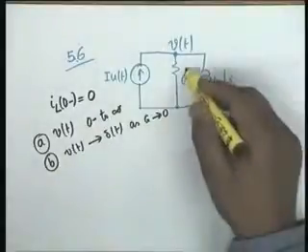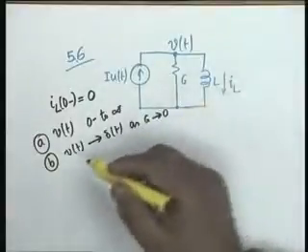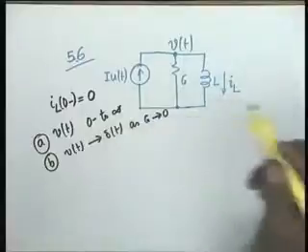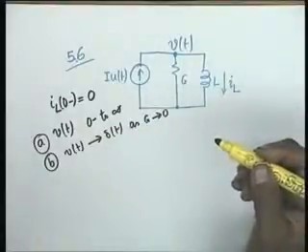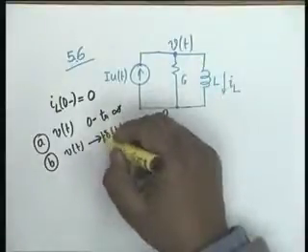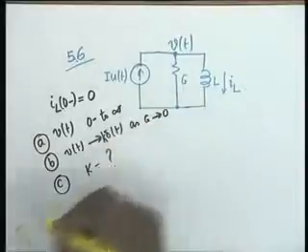As the conductance tends to 0, which means the resistance becomes infinite, you have to show that the voltage across tends to an impulse, not unit, some K. Part C is find K, the strength of the impulse.